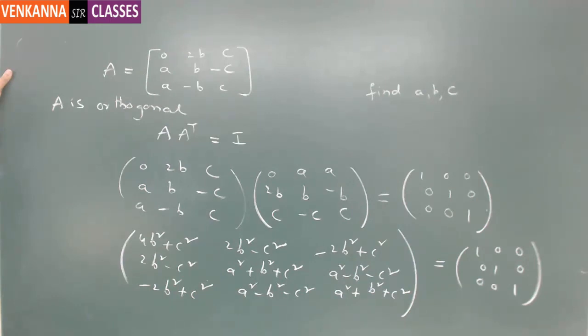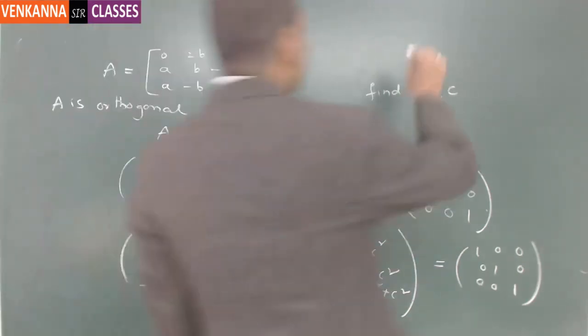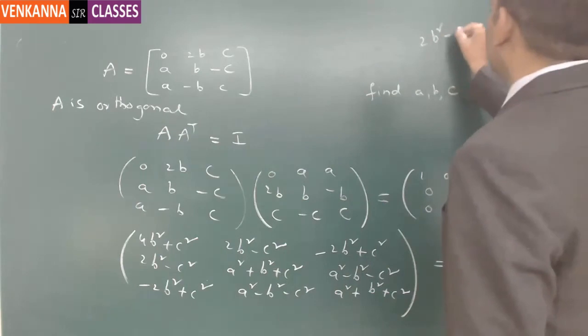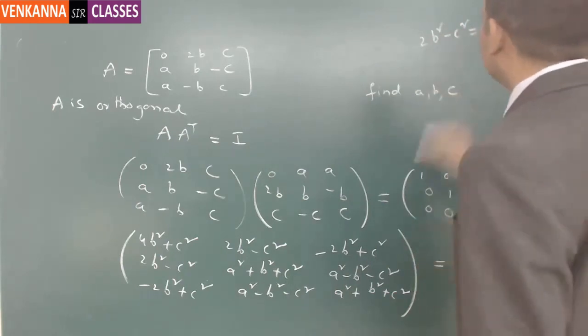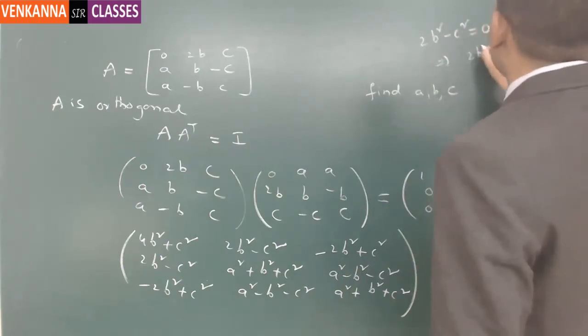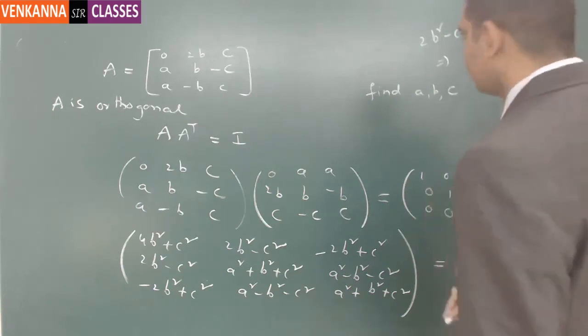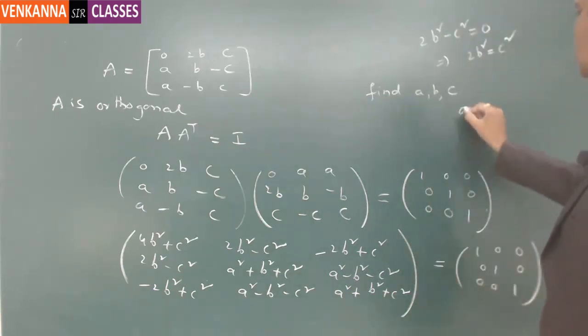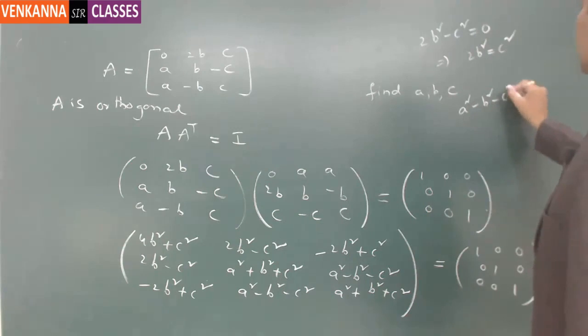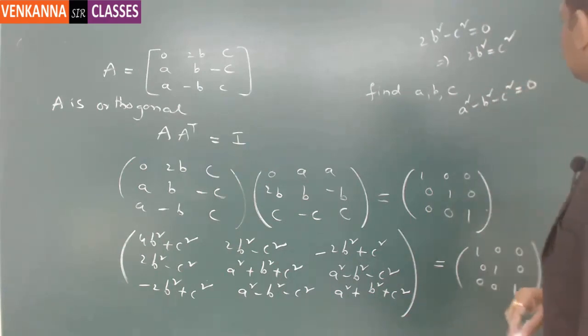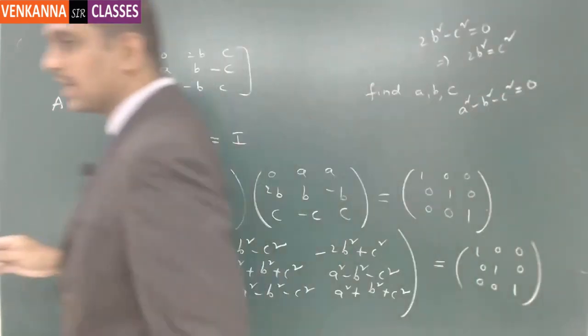I am excluding the diagonal elements and taking the non-diagonal elements. So from this I can say that 2b square minus c square equals 0. This implies 2b square is equal to c square, and the other part, a square minus b square minus c square equals 0. These things I can take into consideration.